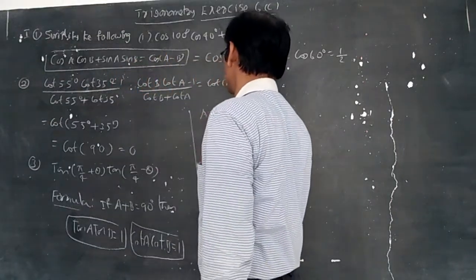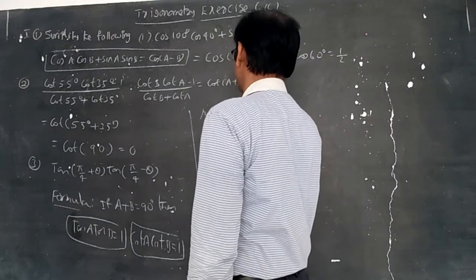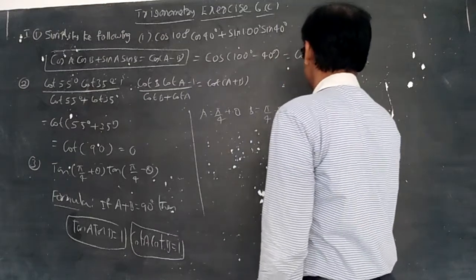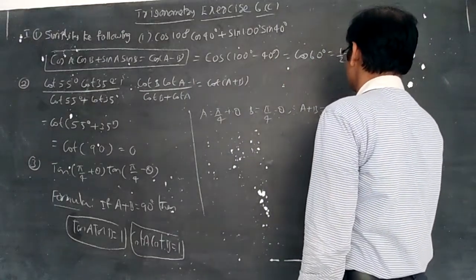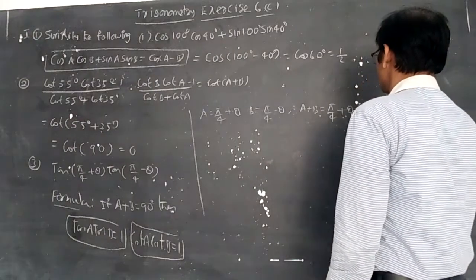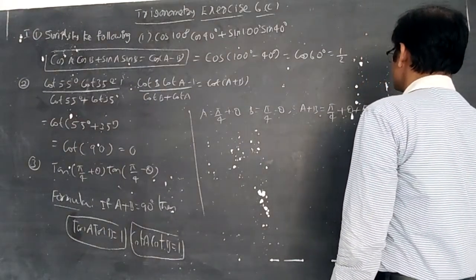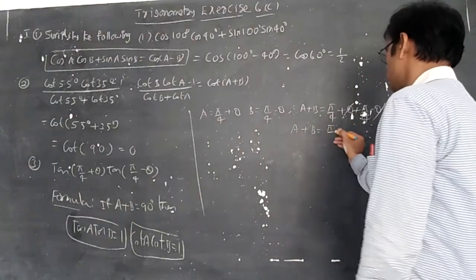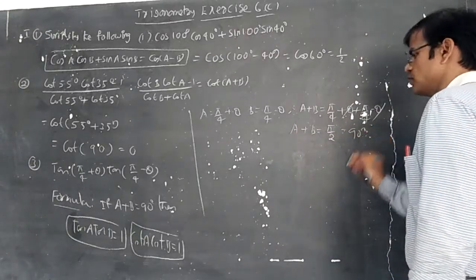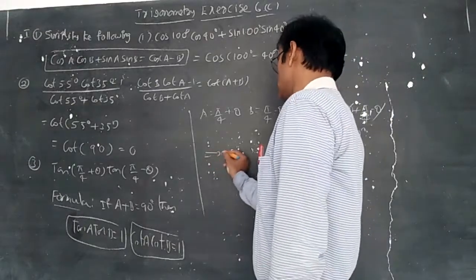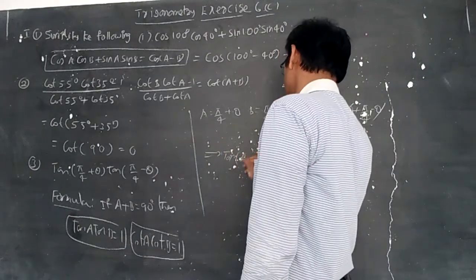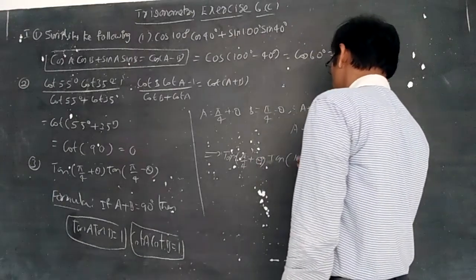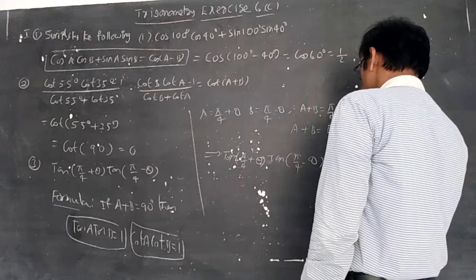Here A means pi by 4 plus theta, pi by 4 meaning 45, and B means pi by 4 minus theta. So A plus B is equal to pi by 4 plus theta plus pi by 4 minus theta. Theta gets cancelled, so A plus B is equal to pi by 4 plus pi by 4, 2 pi by 4, it is pi by 2. So it is 90. That implies the tan A into tan B concept. So tan of pi by 4 plus theta into tan of pi by 4 minus theta is equal to 1.